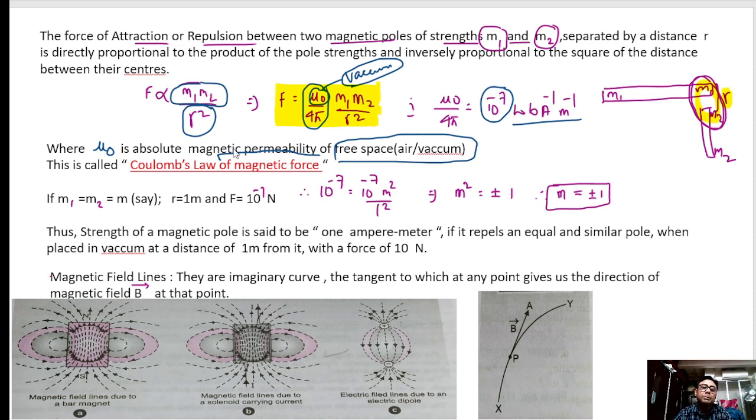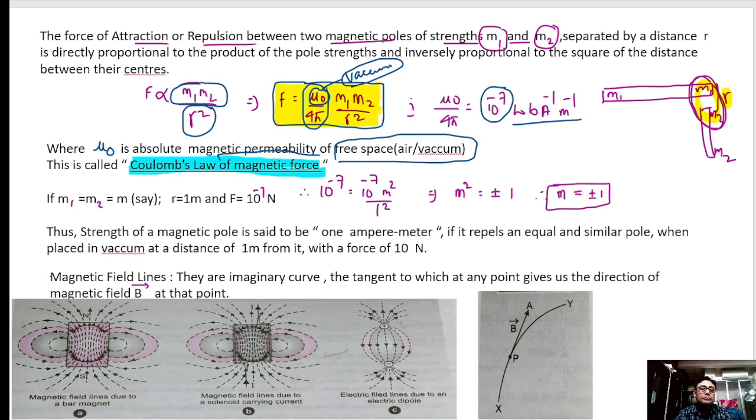Now please remember that this is called Coulomb's law of magnetic force. We already did Coulomb's law in the case of electrostatic charges. Now we are doing Coulomb's law of magnetic force between the two poles of a magnet.